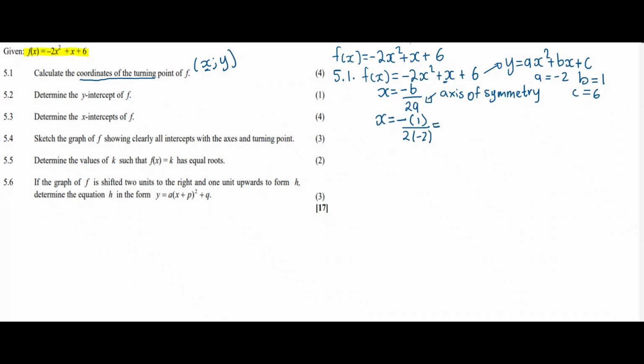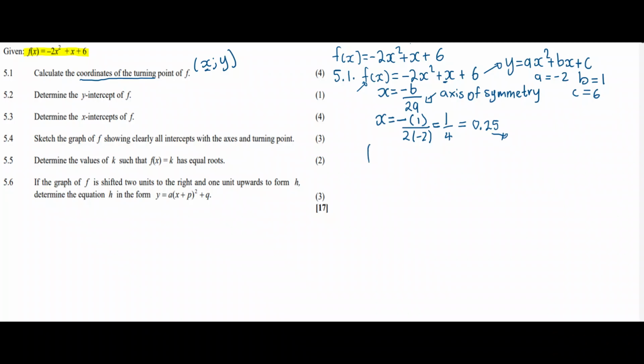We simply punch that on our calculator, and you will see that the x value, which is your axis of symmetry, is x equals 1 over 4. We can choose to write this in decimal form, which is 0.25.